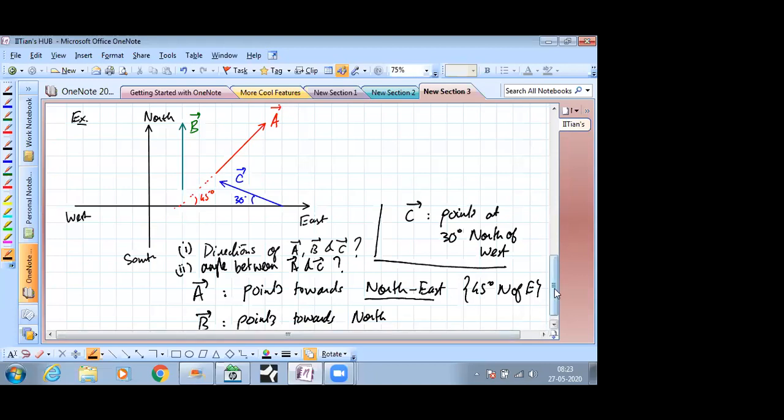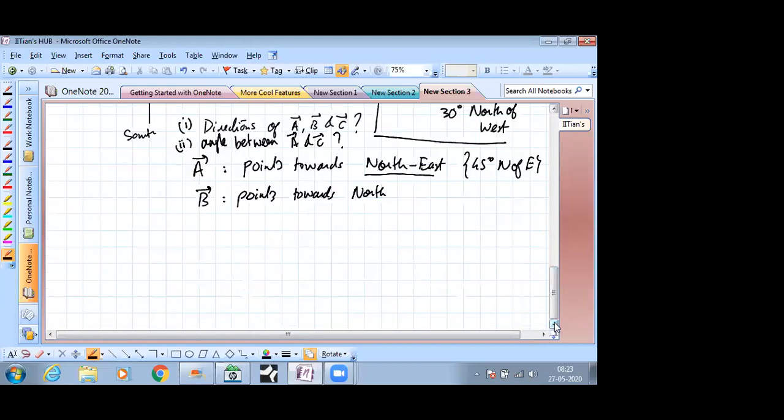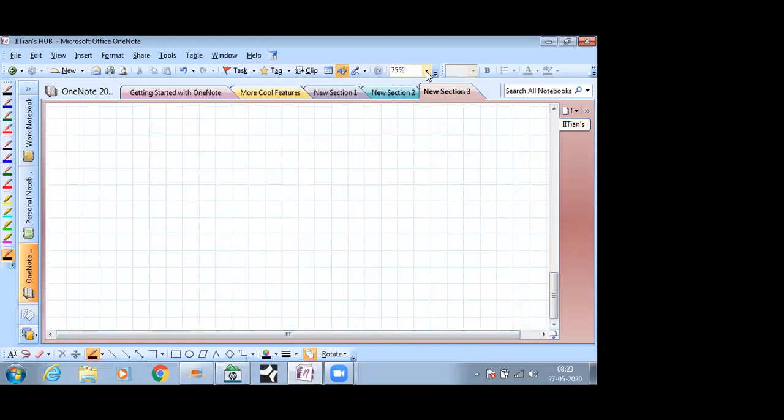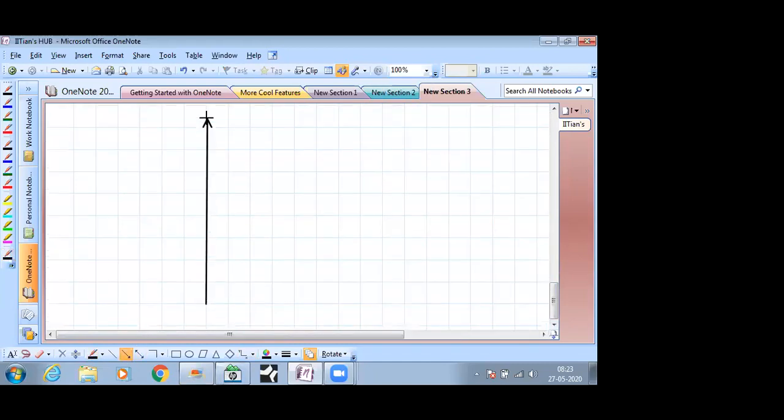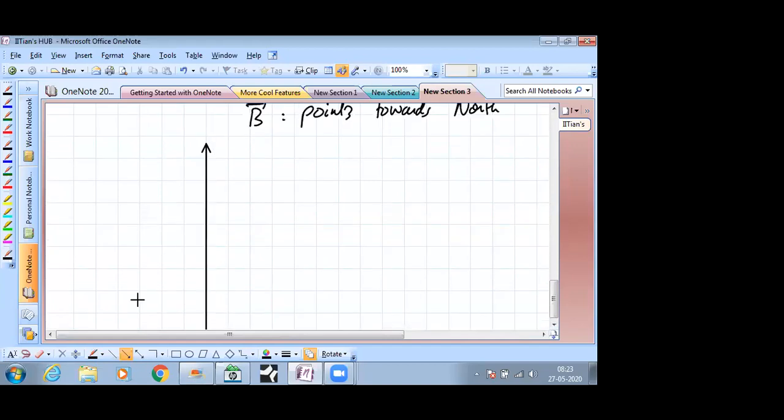As we discussed, the vector arrows are movable objects. So what we can do here is take the vector arrow E that we had drawn earlier, somewhere here.